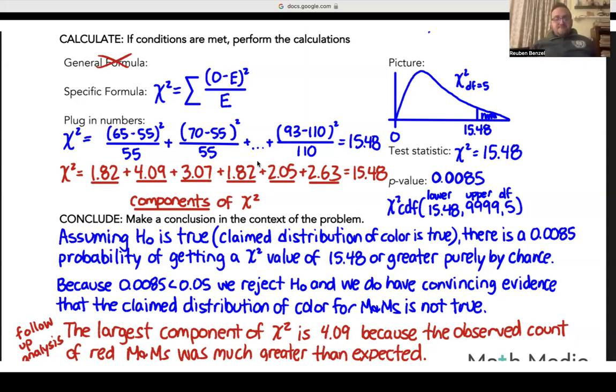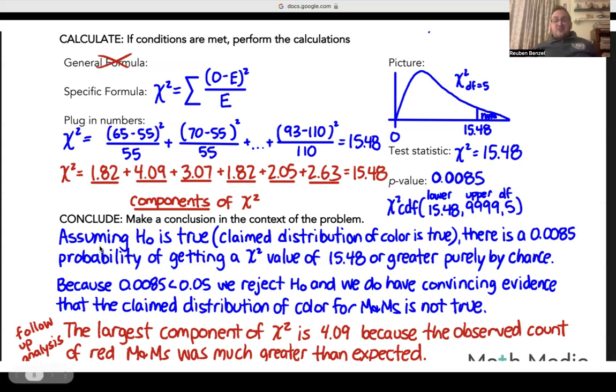And the numbers, you can actually do them in your calculator as well, but it's going to be about 15.48. And then you can use either the calculator command or the table of values, Table C. And this is going to get you a very low p-value.